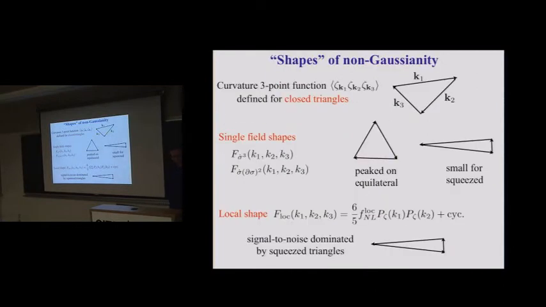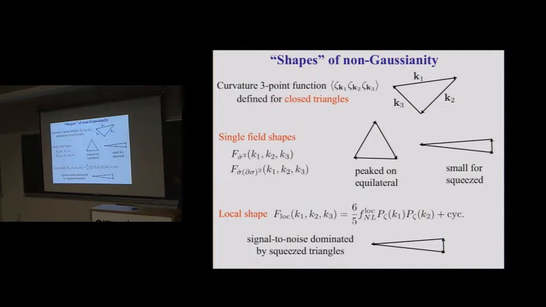Okay. So single field inflation naturally has 2 parameters. If we think of the 3-point function at the end of inflation as being defined by closed triangles in Fourier space, so those momenta have to add to 0 by momentum conservation for the 3-point function to be non-zero, then the single field shapes, I stated on the last slide that there are only 2 shapes of the 3-point function associated with single field inflation.